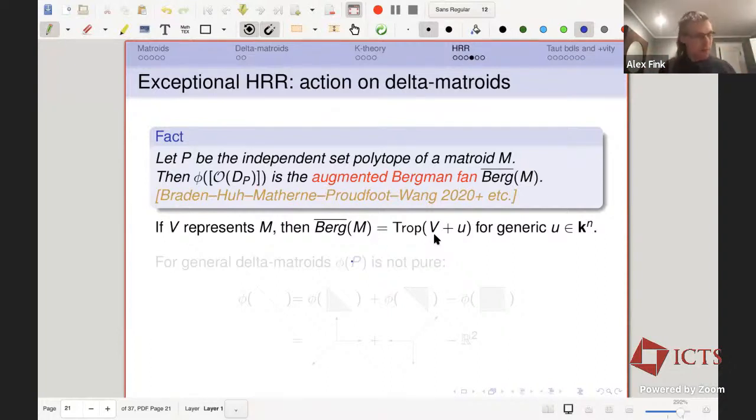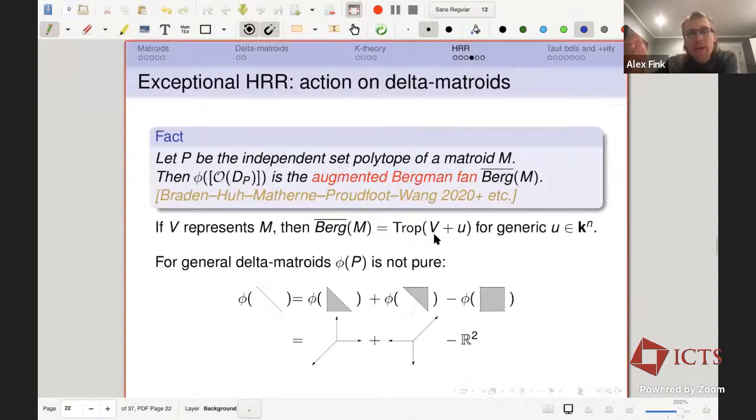That's not a definition because M might not be representable, but you can write down combinatorially what this affine translate does. You pick certain faces in the normal fan to the independent set polytope, and that is your augmented Bergman fan. So that part of the answer is nice. We have these augmented Bergman fans for certain delta matroids.